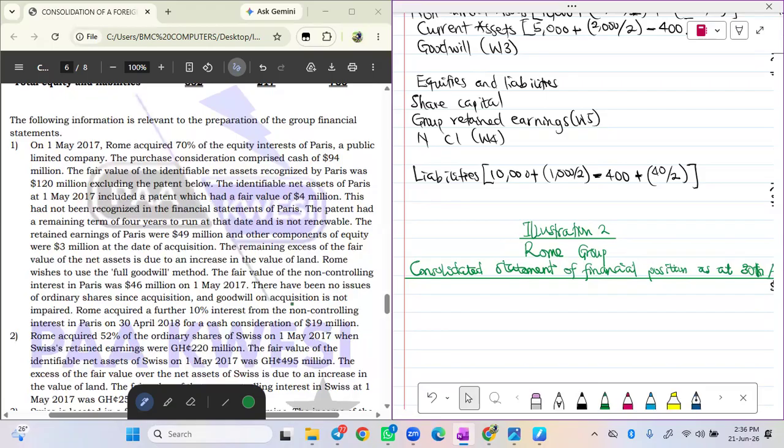The retained earnings of Paris were $49 million, and other components of equity were $3 million at the date of acquisition. The remaining excess of the fair value of the net assets is due to an increase in the value of land. Rome wishes to use the full goodwill method.